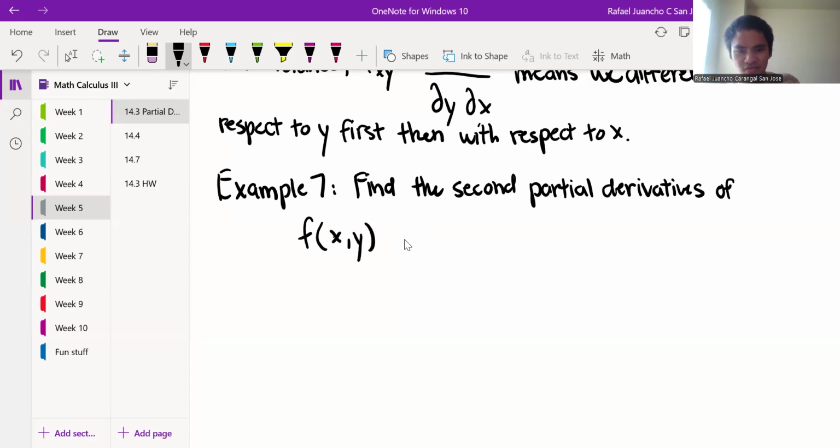Here we're given a function of two variables, and this is equal to x cubed plus x squared y cubed minus 2y squared. Okay. Well, here we're first going to find their first derivatives, right? And then we find their other derivatives.